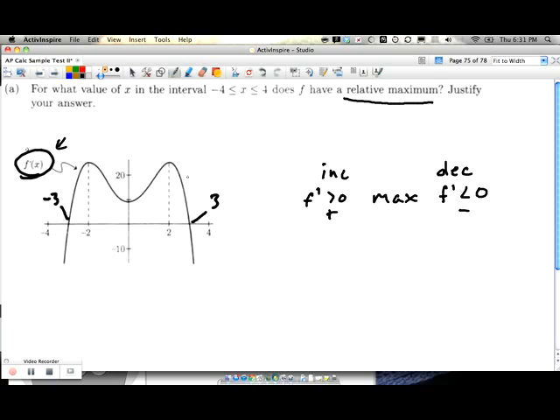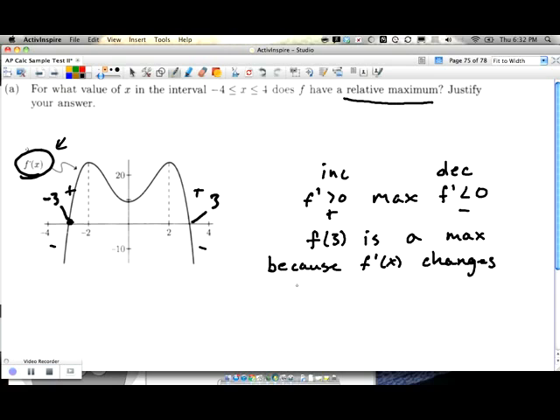So f of 3 is a max because f prime of x changes sign from positive to negative, which really means that f changes from increasing to decreasing.